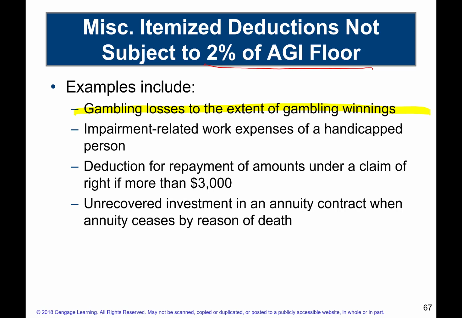So that's one that is not subject to the 2% limitation. And I'm not going to read all of these: impairment-related work expenses of a disabled individual. You're not limited to the 2% floor for those. So some are not limited to 2%. They still fall in the category of miscellaneous.